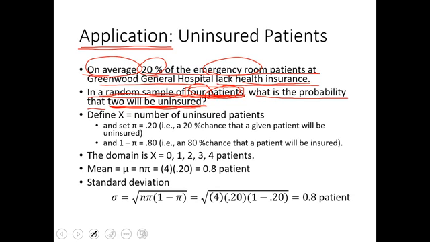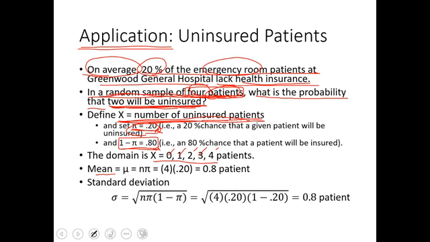Let's define X as the number of uninsured patients. The probability that a patient is uninsured is 20%, and the probability that they have insurance is 80%. We only have 4 patients, so the number of uninsured patients can be 0, 1, 2, 3, or 4.